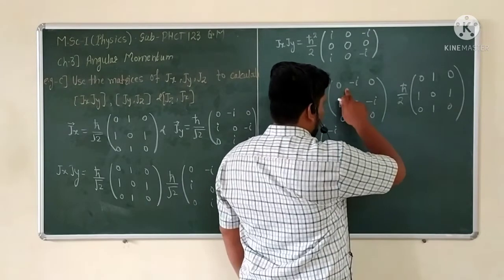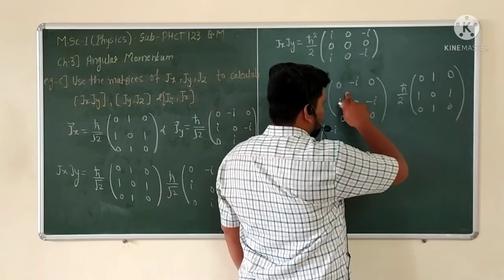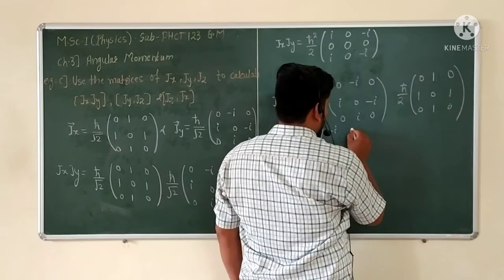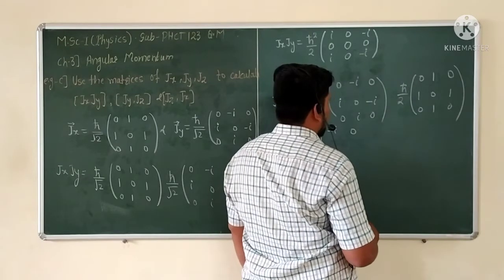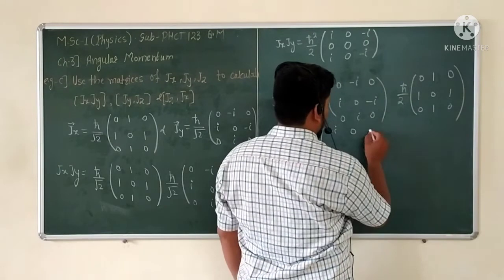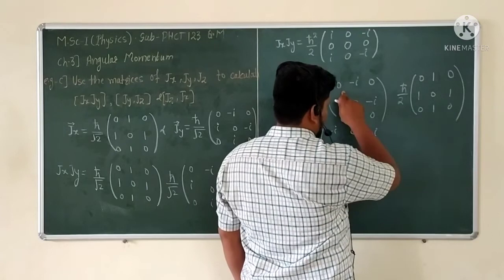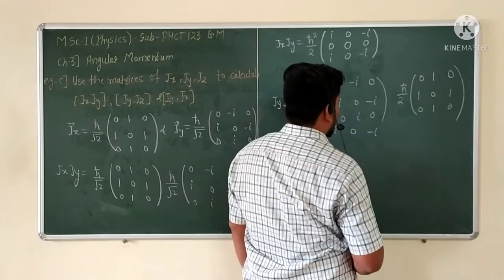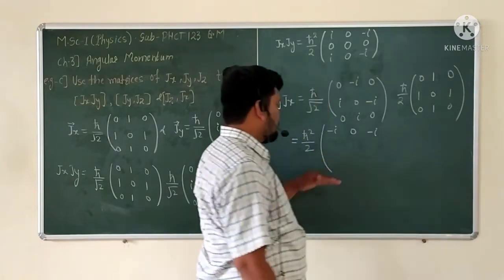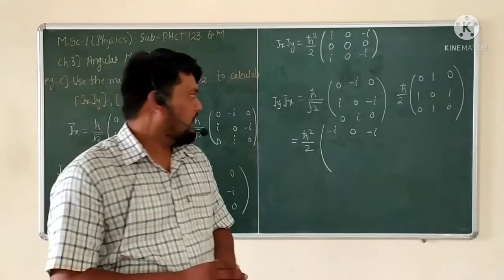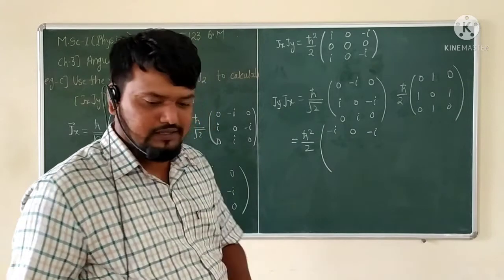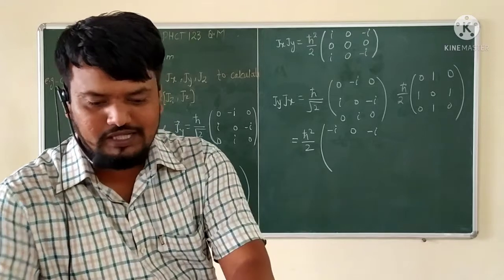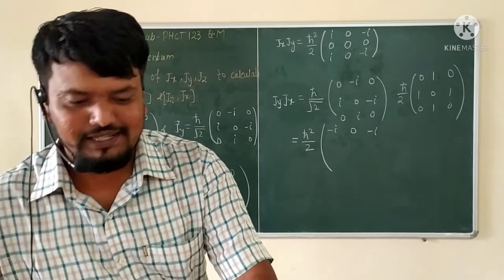Again, first row and second column: 0 into 1, 0, minus i into 0, 0, so this element is also 0. First row, third column: 0 into 0, 0, minus i into i is 1, so this is minus i. We want to see that this is correct or not, so this is correct.